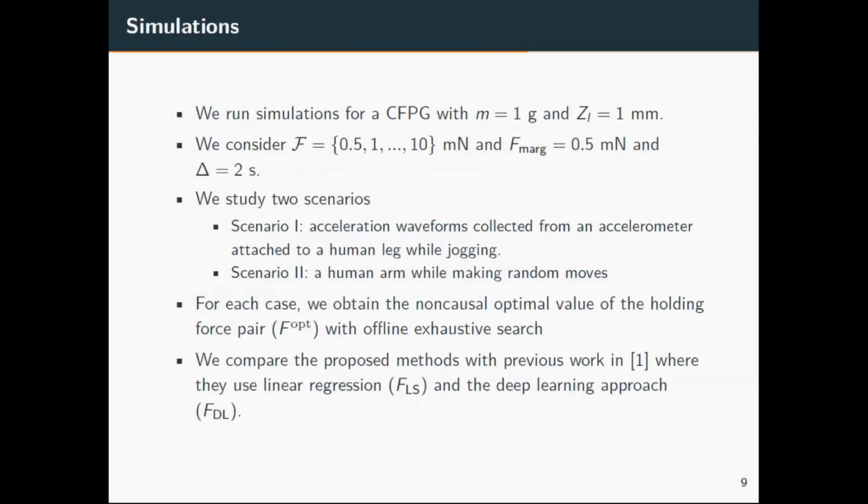And with that simple strategy, we see that we will have significant improvement, as I'll show in the simulation.